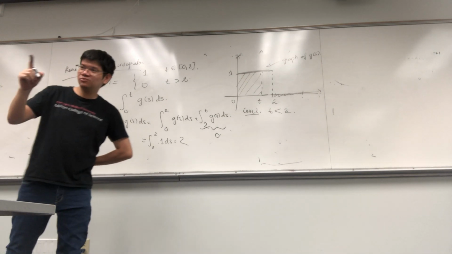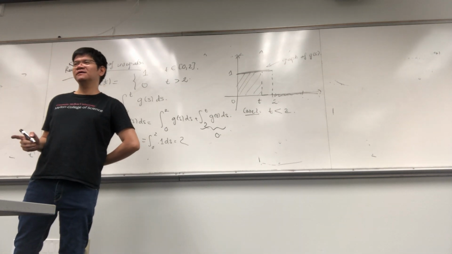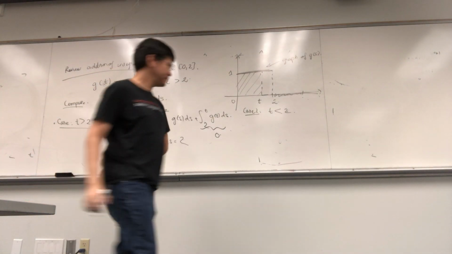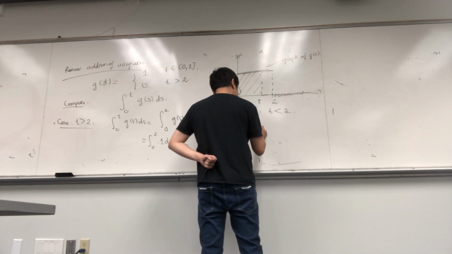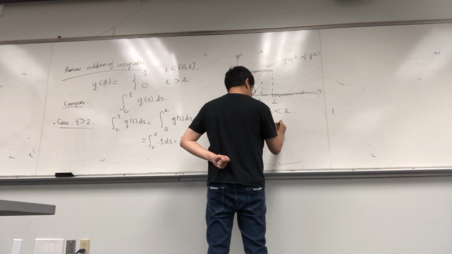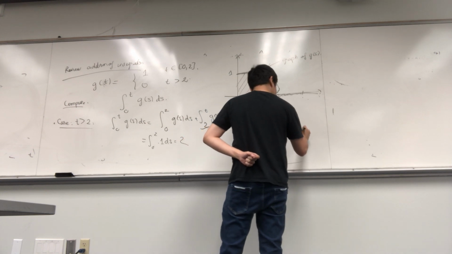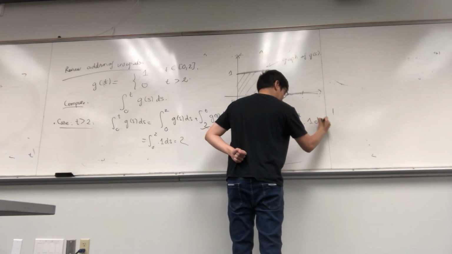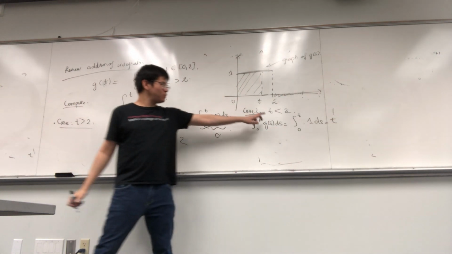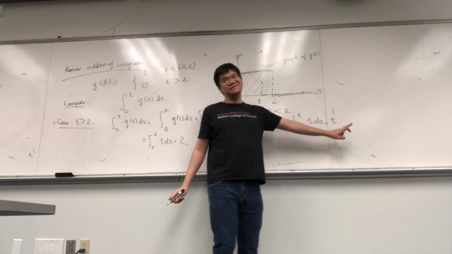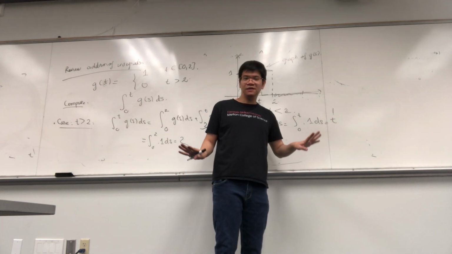I'm going to show you that if I subtract, it's going to give me the same result. So when t is smaller than 2, the integral from 0 to t of g(s) ds will give me the integral from 0 to t of 1 ds, and this is t. All right? So when t is smaller than 2, this integral is t. If I compute explicitly, I don't subtract.